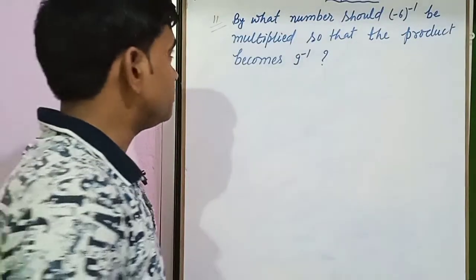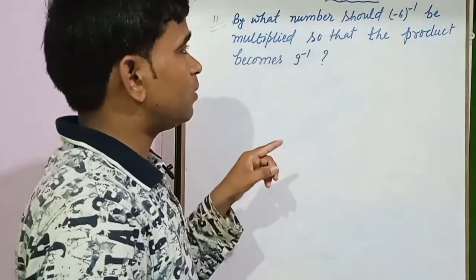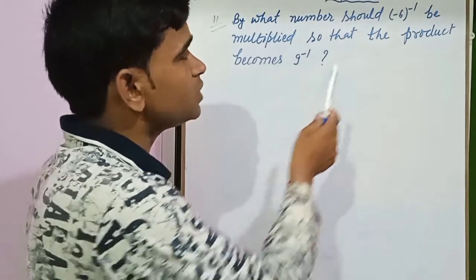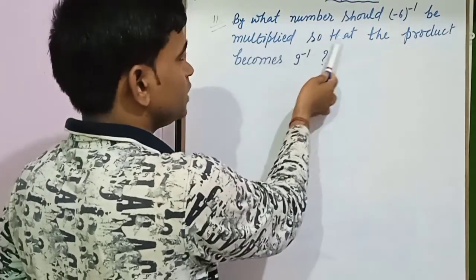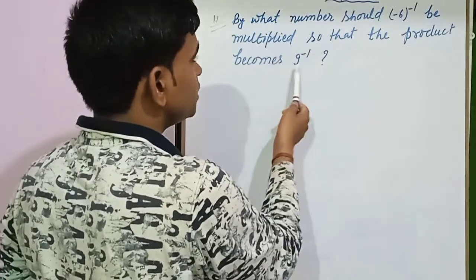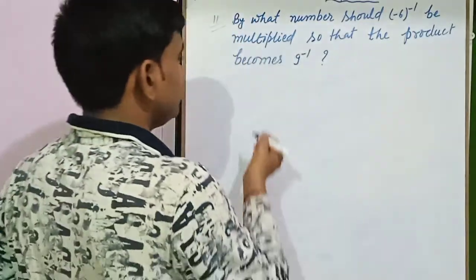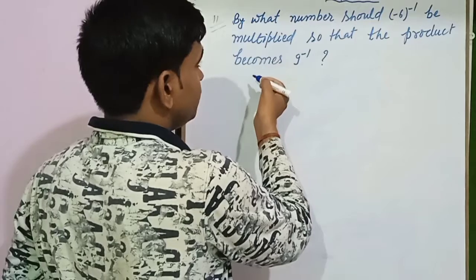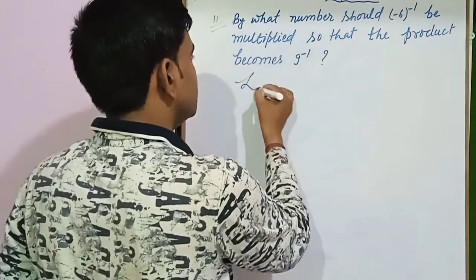Question number 11. By what number should minus 6 raised to the power minus 1 be multiplied so that the product becomes 9 raised to the power minus 1? In this question, we suppose a number.